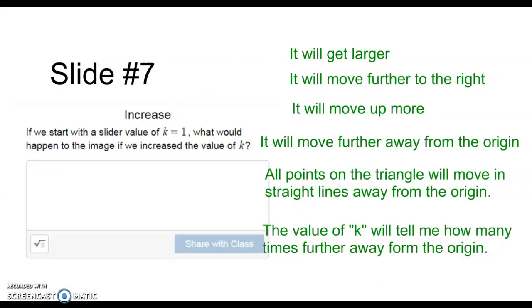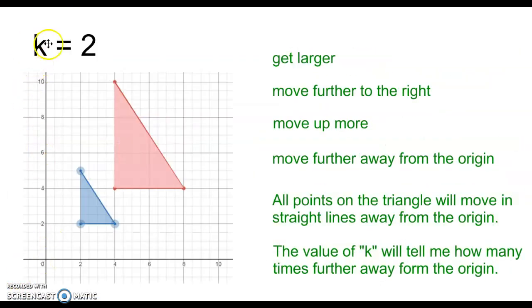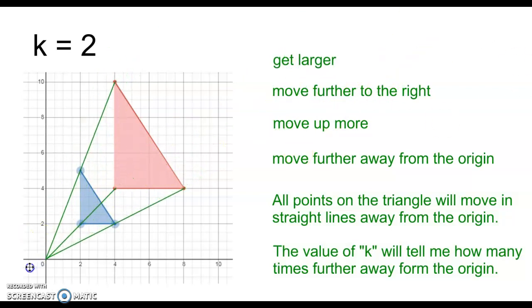I went ahead and made a K2 and I changed the triangle to look like this, just because I felt it was easier to ask these questions. Yes, it's getting larger. Yes, it's moving further to the right. And if I put in these things here, it helps me see what's going on. I can look at the ordered pairs.